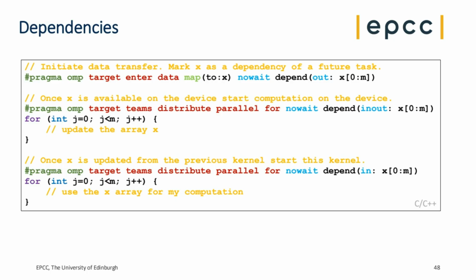Now, this is a toy example which is just illustrating the syntax. It makes no sense to run this because effectively you're using the nowait clause to do non-blocking operation, but the dependencies are forcing you to run these three things serially, one after the other. It's just to illustrate the syntax here.